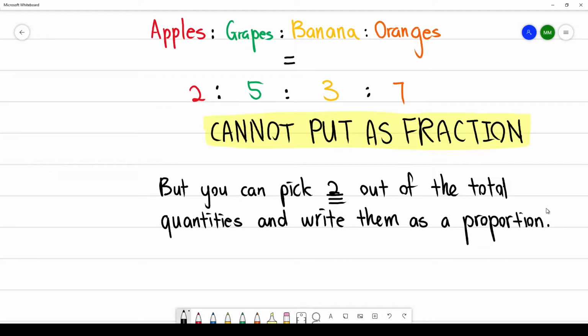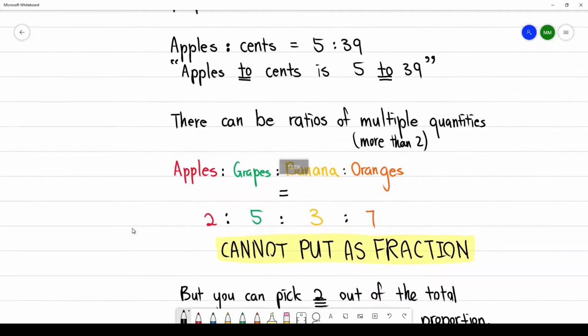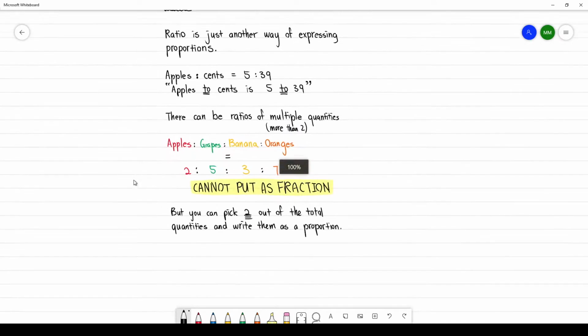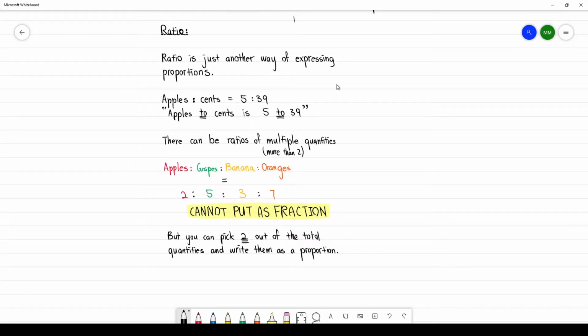So when you pick two of them, you can write it as a fraction. Okay. Now, that's just kind of the brief introduction. So it is just another way of expressing proportions.